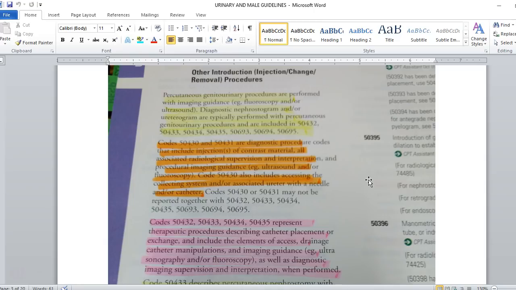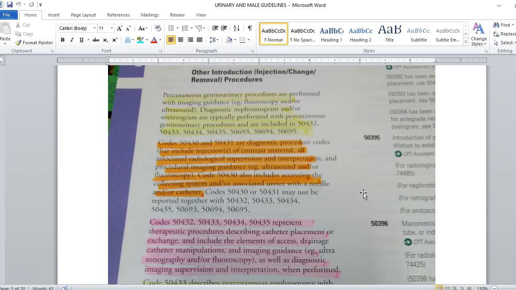It lets us know that percutaneous genitourinary procedures are performed with imaging guidance, like fluoroscopy or ultrasound, and diagnostic nephrostogram and/or ureterogram are typically performed with percutaneous genitourinary procedures and are included in 50432, 3, 4, 5, 50693, 4, and 5 as well. So again, what is included in your procedures?